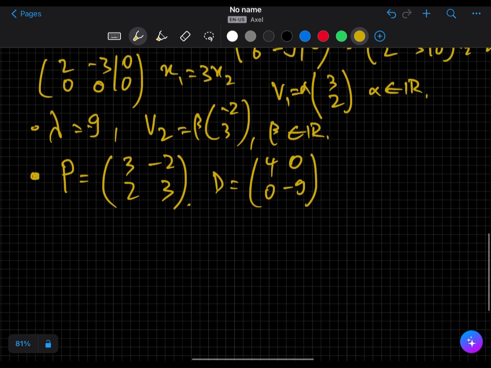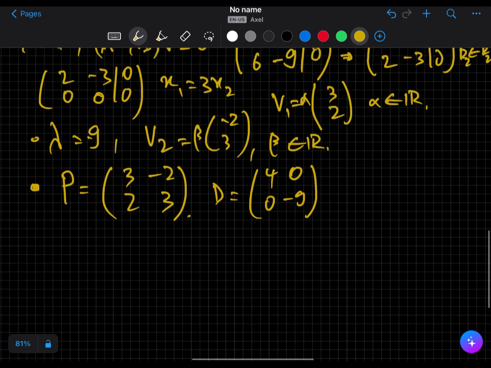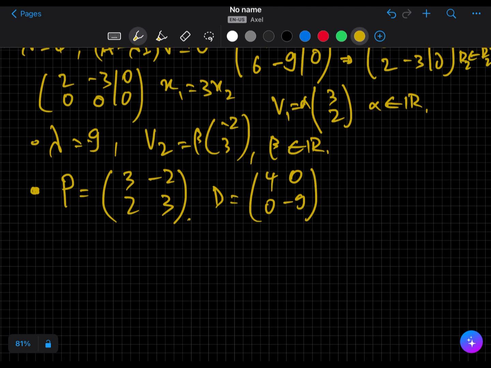Now, since A is a symmetric matrix and A is diagonalizable because we have two distinct eigenvalues and two independent eigenvectors, we can find the orthogonally diagonalized matrix Q, which is simply the matrix of the normalized eigenvectors.